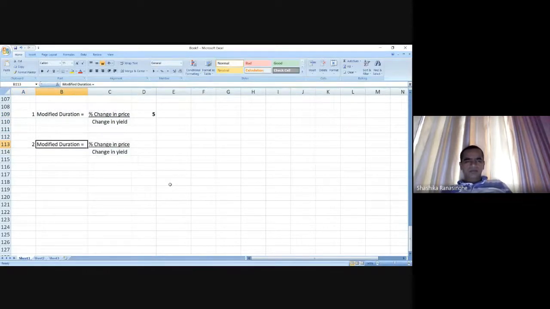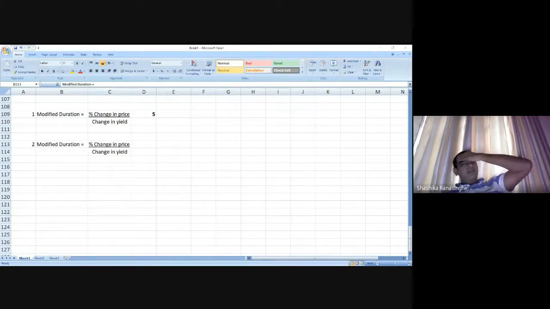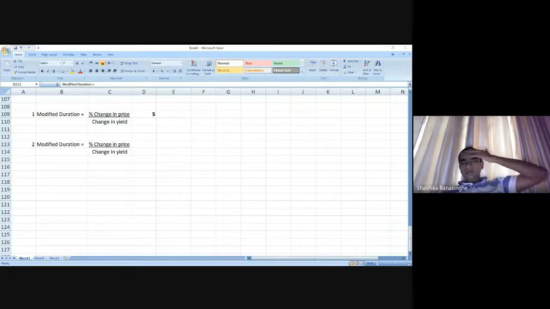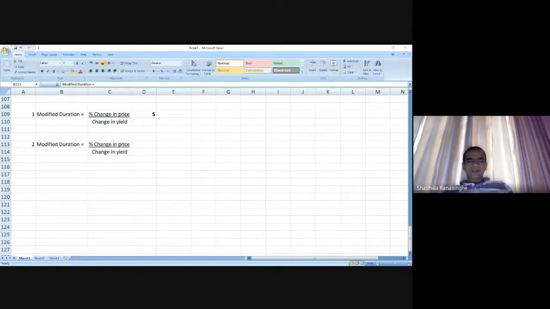Number 2, if a bond has a duration of 5 and the yield increases from 7 to 8%, calculate the approximate percentage change in the bond price. If the yield is increasing, the bond price should fall, isn't it? But there is a negative sign in front.